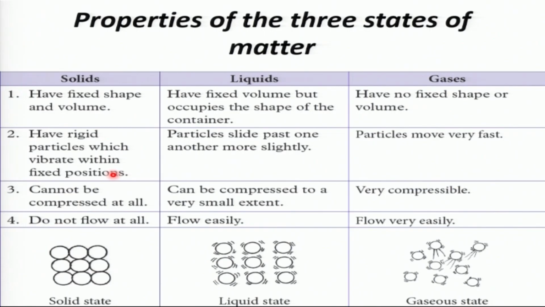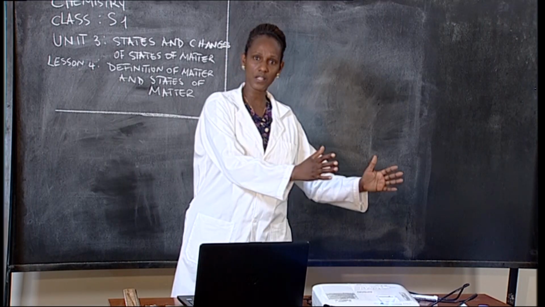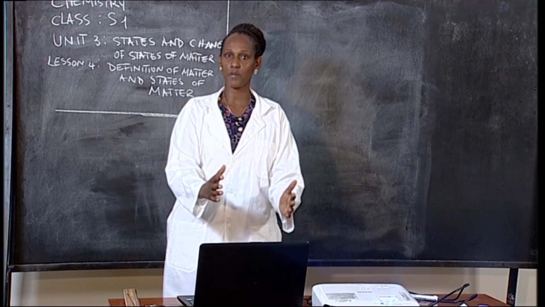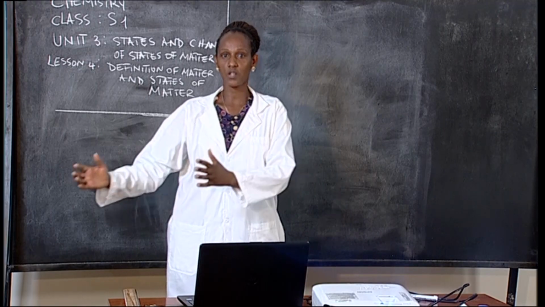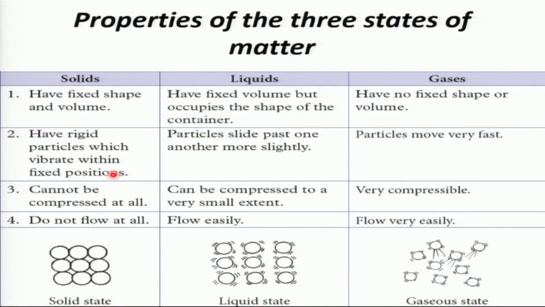Normally we look at around 4 properties. Here we focus on the shape: how is the shape of substances in the solid state, in the liquid state, and in the gaseous state? We look at the rigidity. We look at the compressibility.